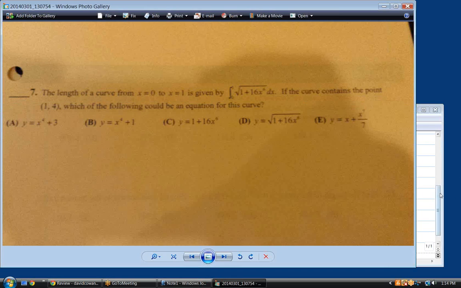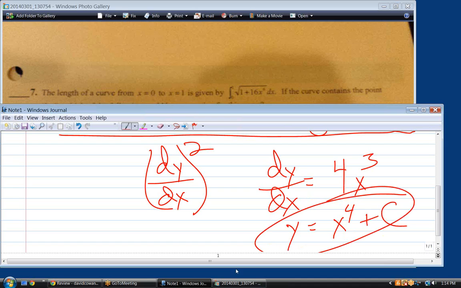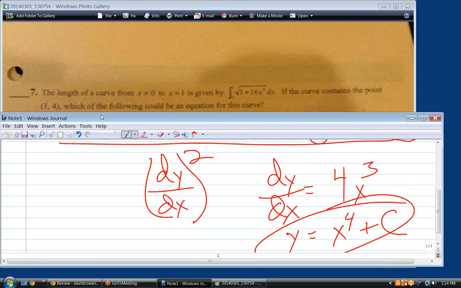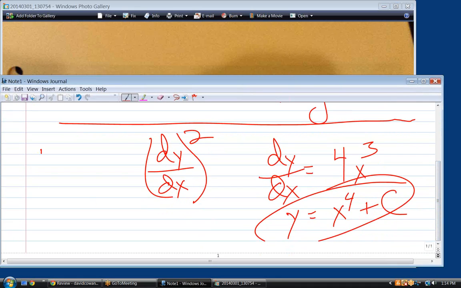Now, let's go back a moment. It's actually x to the 4th plus c, correct? So there's our function, and they do give us an initial condition: the curve contains the point 1, 4. So if 1, 4 is on this curve, that allows us to solve for c.